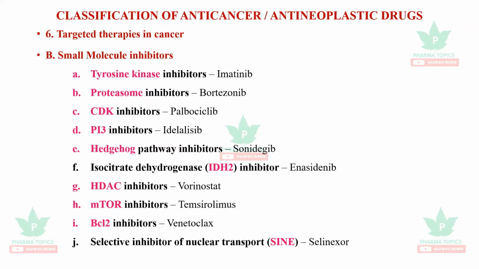Whichever you are able to remember in this category, you remember that. So this is the entire classification of all the anti-cancer or anti-neoplastic drugs which will be useful for you.